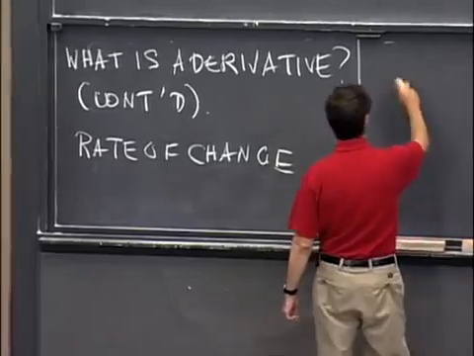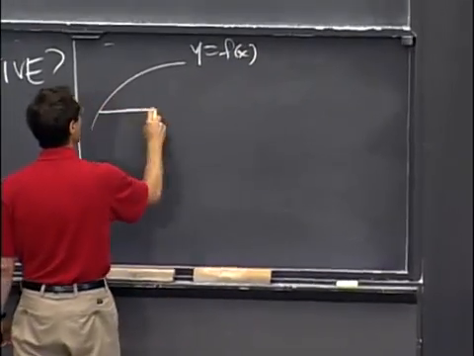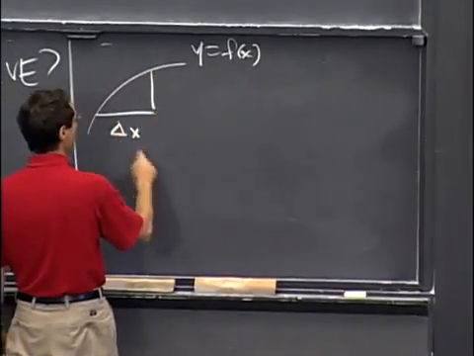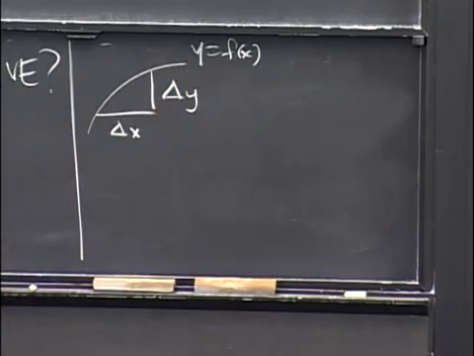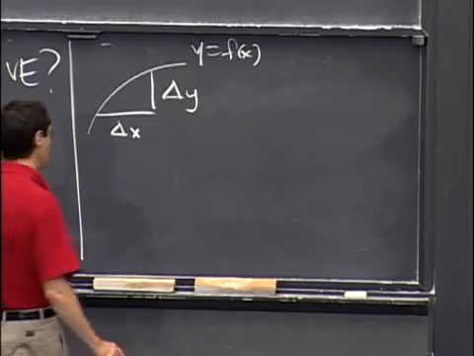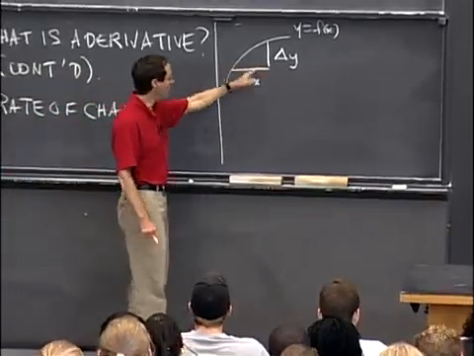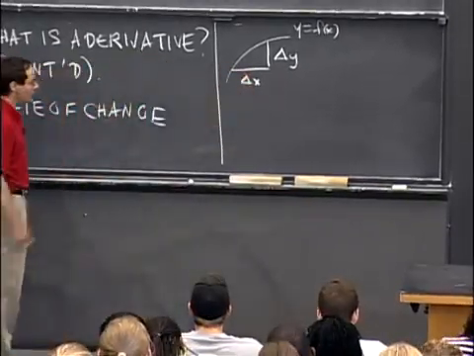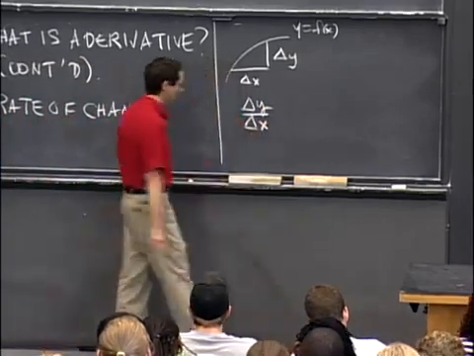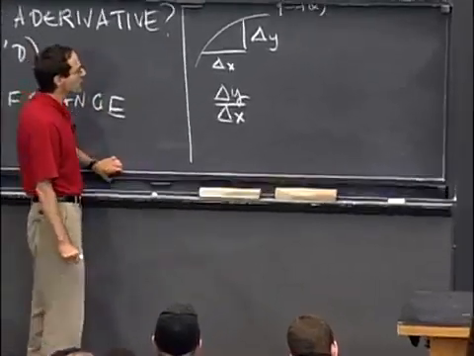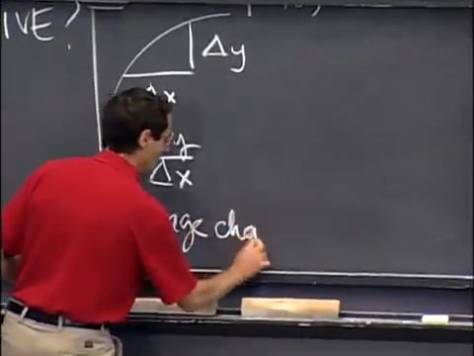So remember, we drew graphs of functions, y equals f of x, and we kept track of the change in x, and here the change in y, let's say. And then, from this new point of view, a rate of change, keeping track of the rate of change of x and the rate of change of y, it's the relative rate of change we're interested in, and that's delta y over delta x. And that has another interpretation. This is the average change.